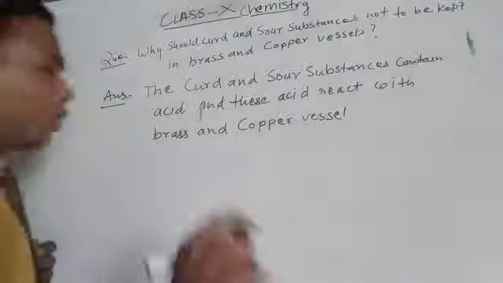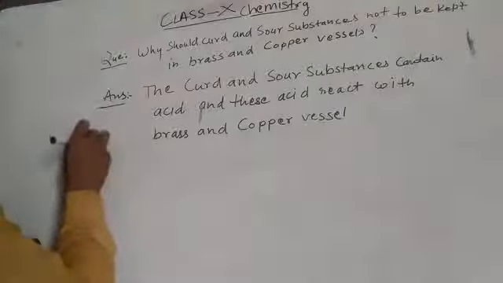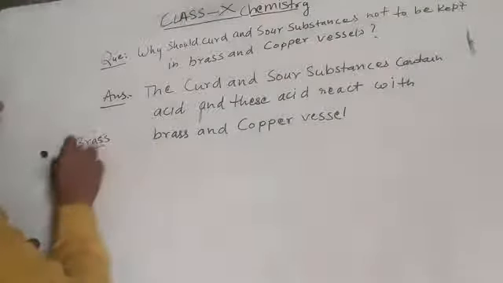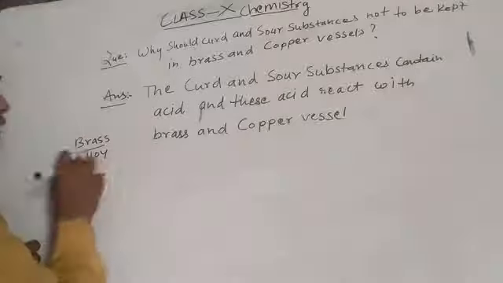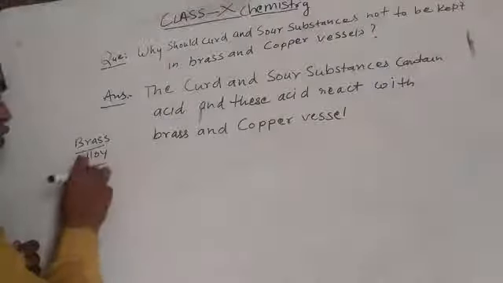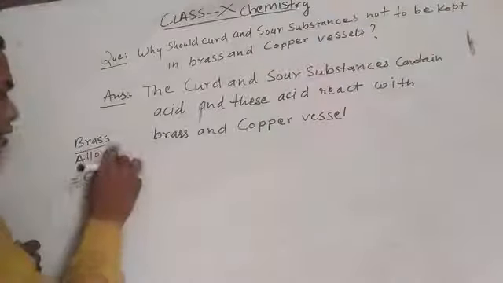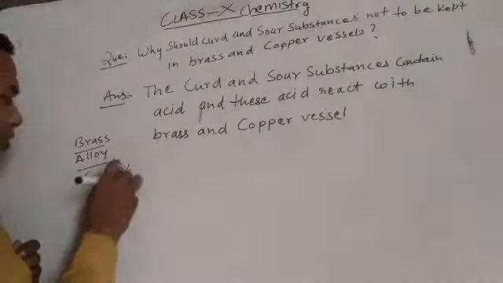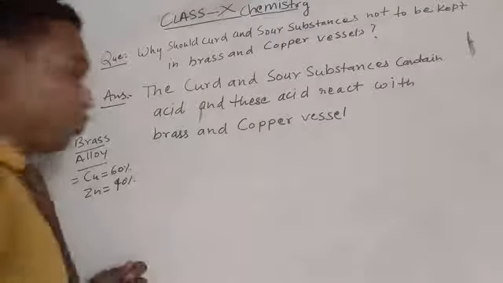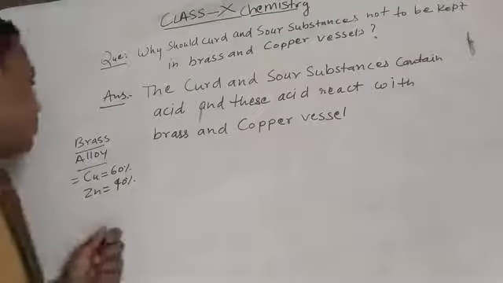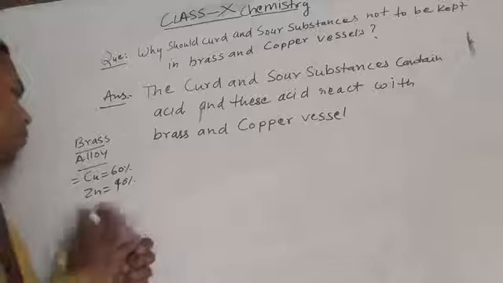The point is, student, brass is an alloy, a combination of copper and zinc. Copper is 60% and zinc is 40%. As you know very well about alloys, an alloy is a mixture.